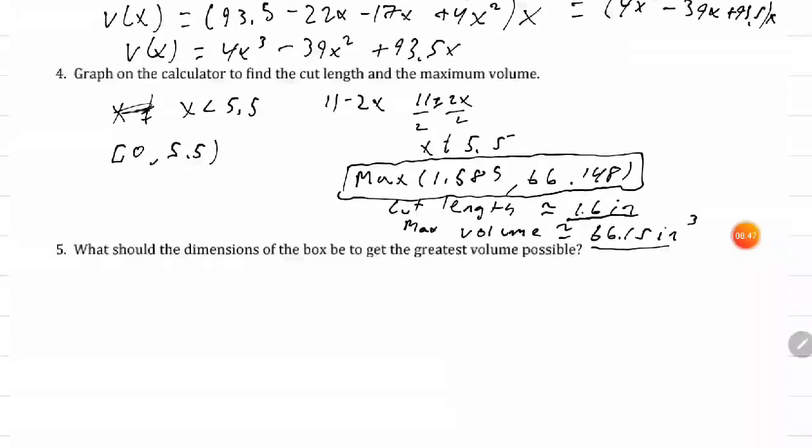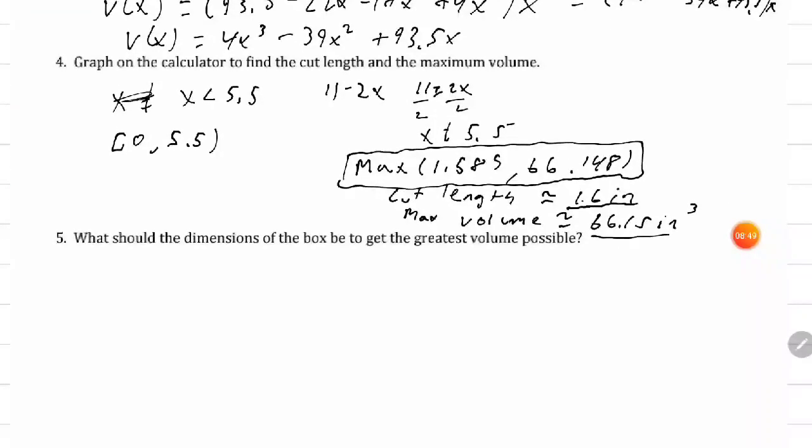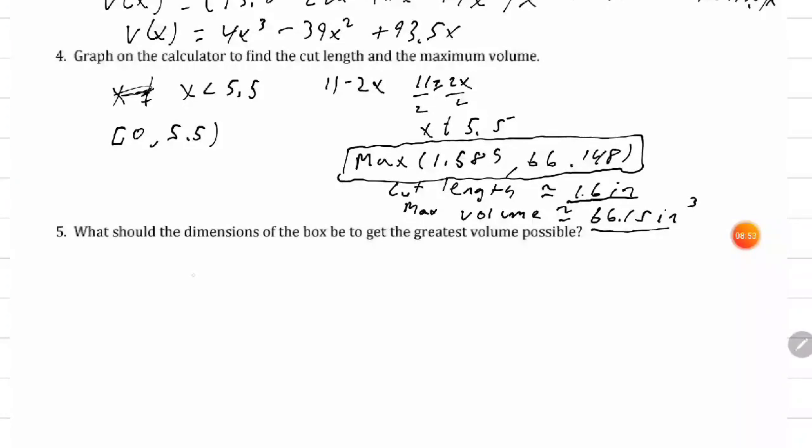So what should the dimensions of the box be to get the greatest volume possible? I always like to do length with height. So our length, remember, is 11 minus 2x.